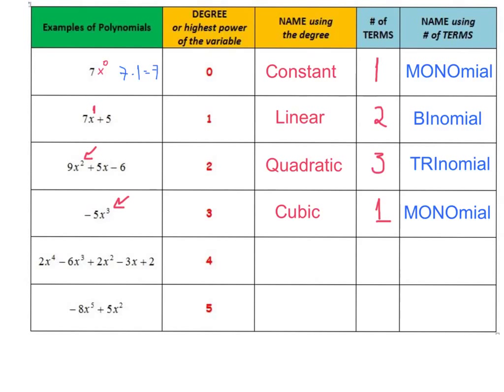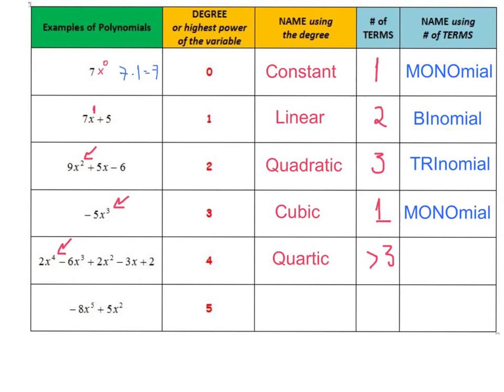Now take a look at this next example below. It has definitely more than 3 terms, right? More than 3. And the highest power of the variable is 4. This polynomial is, by the way, written in standard form, from biggest to smallest power. So how do we call these ones? The name we give to those polynomials whose degree is 4 is quartic.